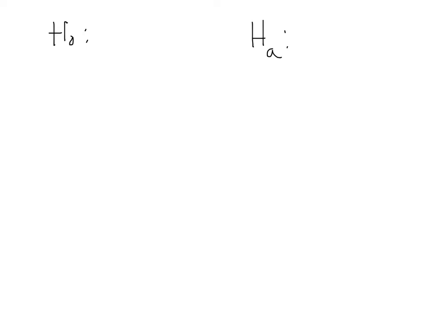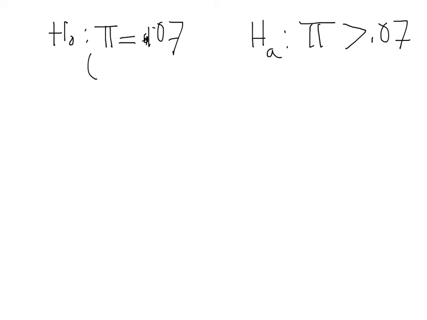Recall that the contention is that more than 7% are due to lightning, so it's a proportion. 7% is related to a proportion of 0.07. More than means 0.07, and the null hypothesis will be pi equals 0.07. Although, this equality sign carries the sense of less than or equal to, the opposite of greater than. So that is the first thing.